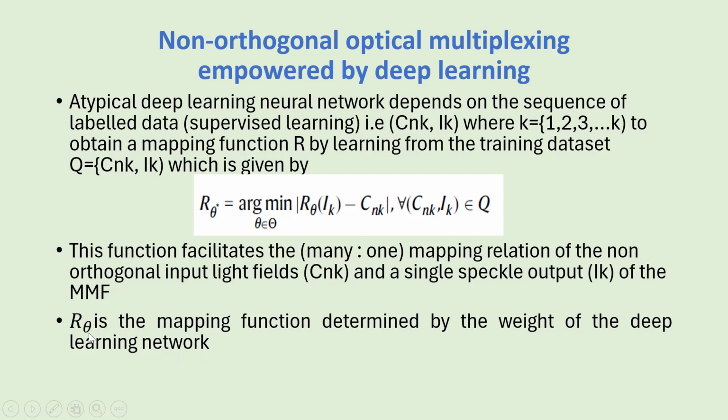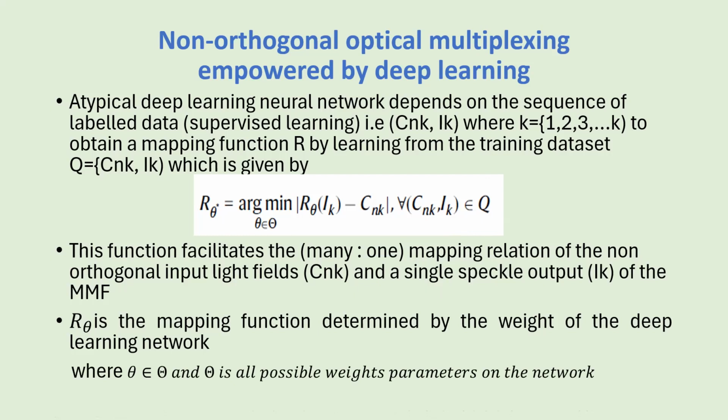R theta is a mapping function determined by the weights of the deep learning network. So C_NK and I_K are a data set, a data set Q. So these elements here belong to this data set Q. This symbol means they are members of Q. So I've talked about the weights on the network.